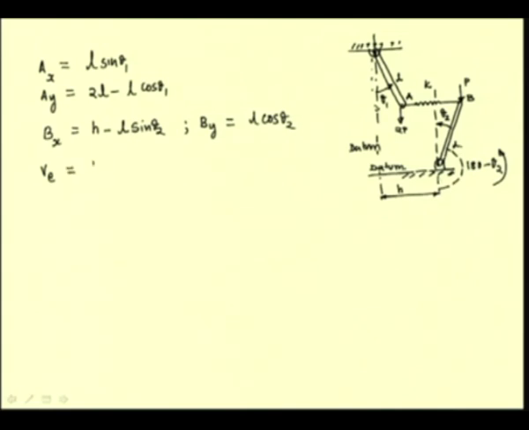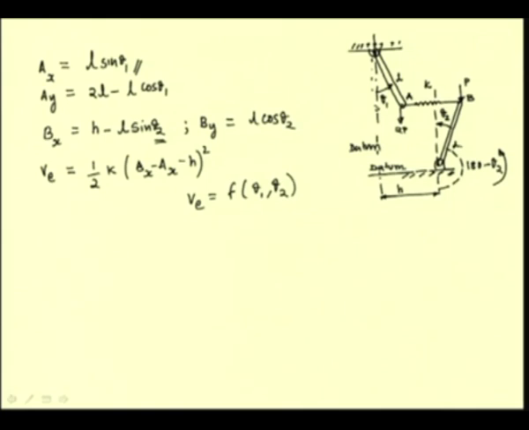So, we can write this as half K times stretch square, which is Bx minus Ax minus h whole square. So, now we see that this is a function of both theta 1 and theta 2, because Bx is written in terms of theta 2 and Ax is written in terms of theta 1. So, we have this Ve as a function of theta 1 as well as theta 2.